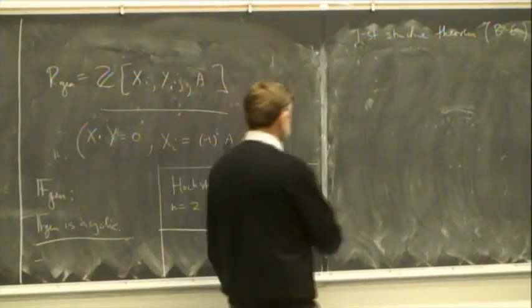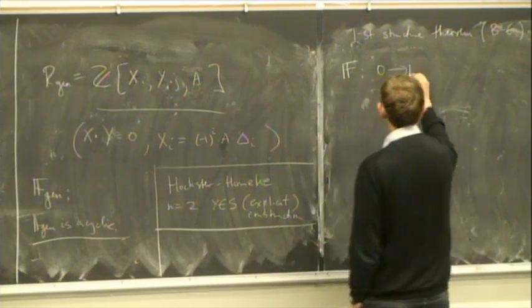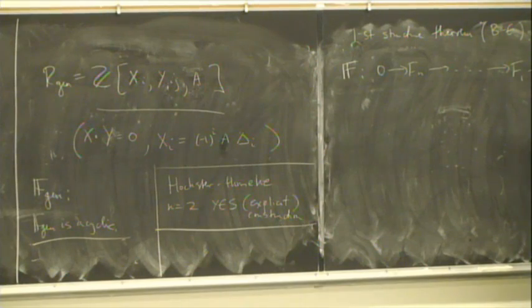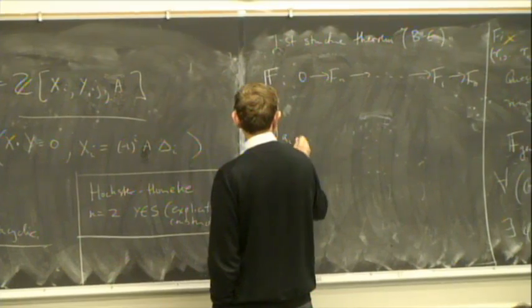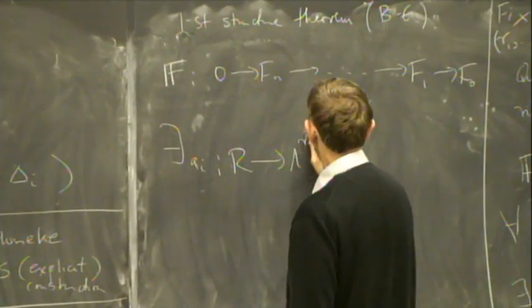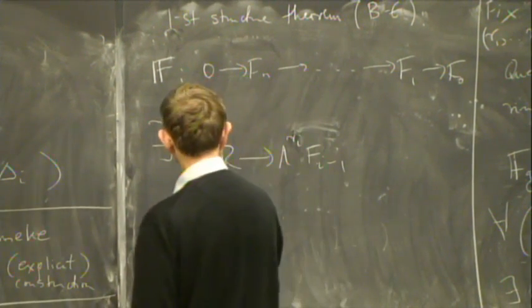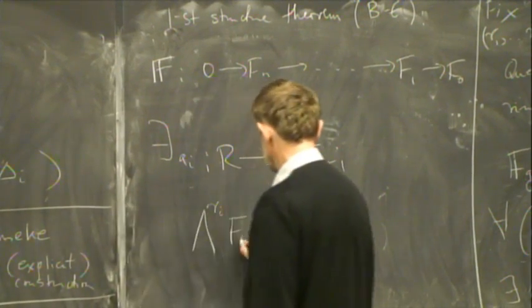They proved for general formats the following thing, that F is general. They proved that there exists a sequence of maps a_i from the ring to the wedge power Λ^{r_i} F_{i-1}, such that the following factorization occurs. What happens here is not difficult to understand.